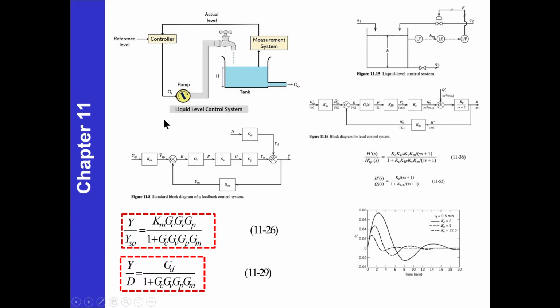Taking into account this example, we have a tank that we are filling with water, and the control variable is the level. At the same time, the water is flowing out from that tank. This is a liquid level control system.